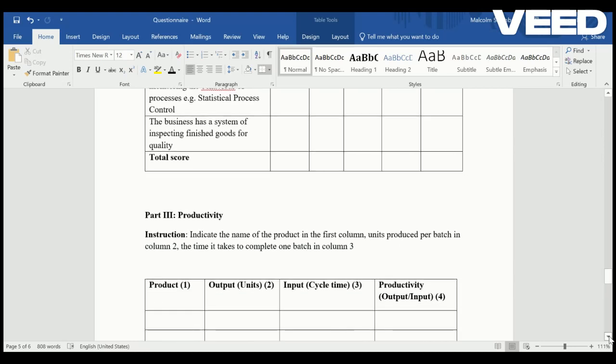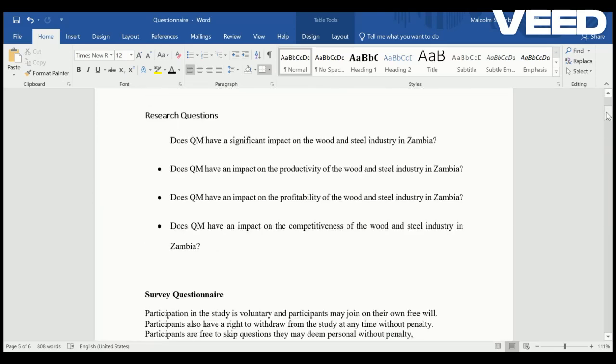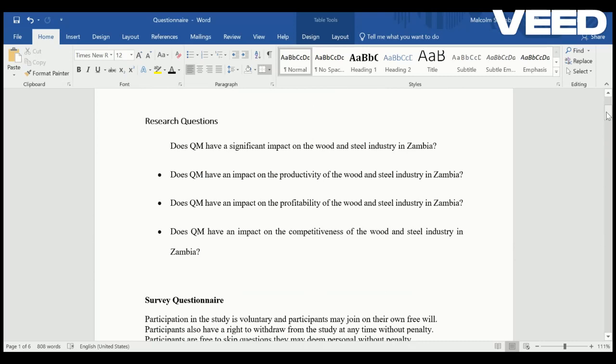Part 3, if I take you back to the first part, to our research questions, part 3 is discussing productivity as a dependent variable of quality management. So part 3 is answering the first question. This specific question from the introduction of your research is the one which this part is answering.